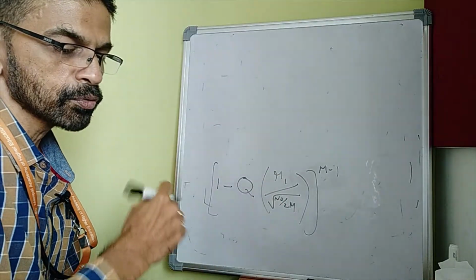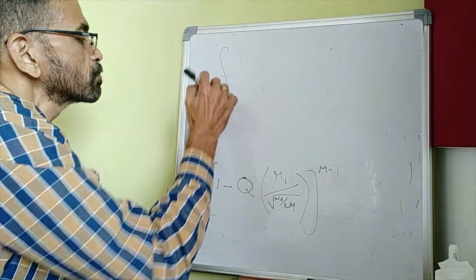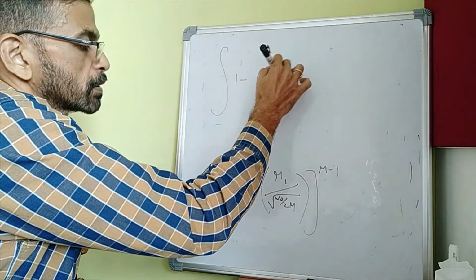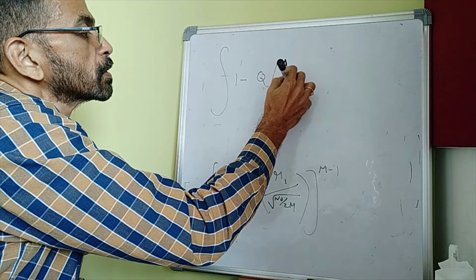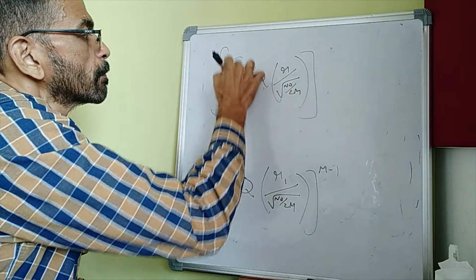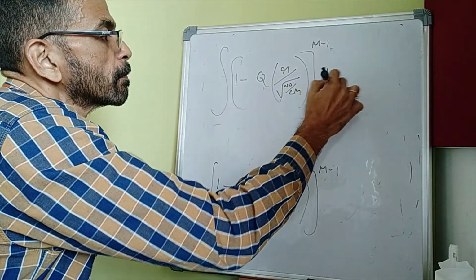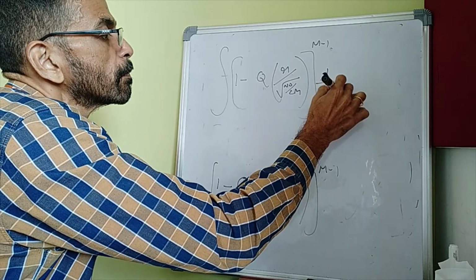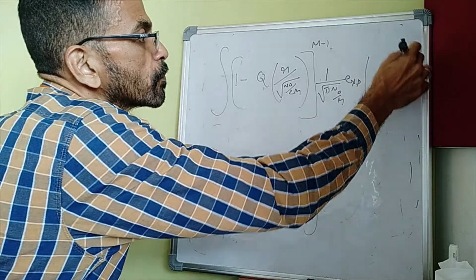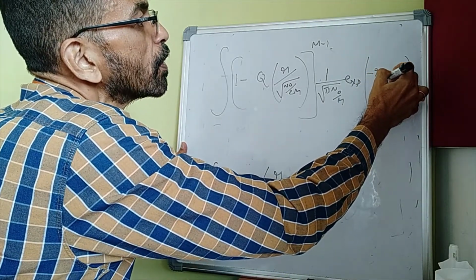So we have to average it over all the possible values of R1, and that is simply done by, we should have the density function of R1 here.